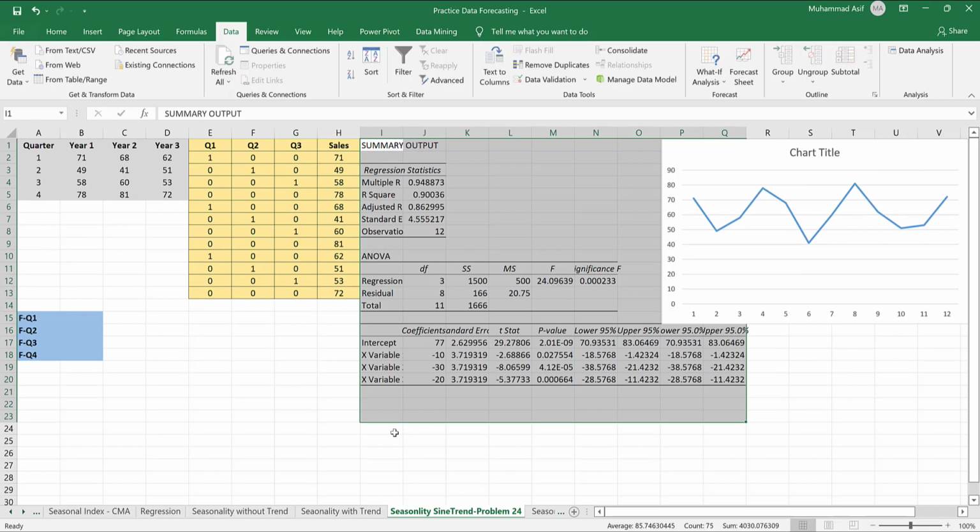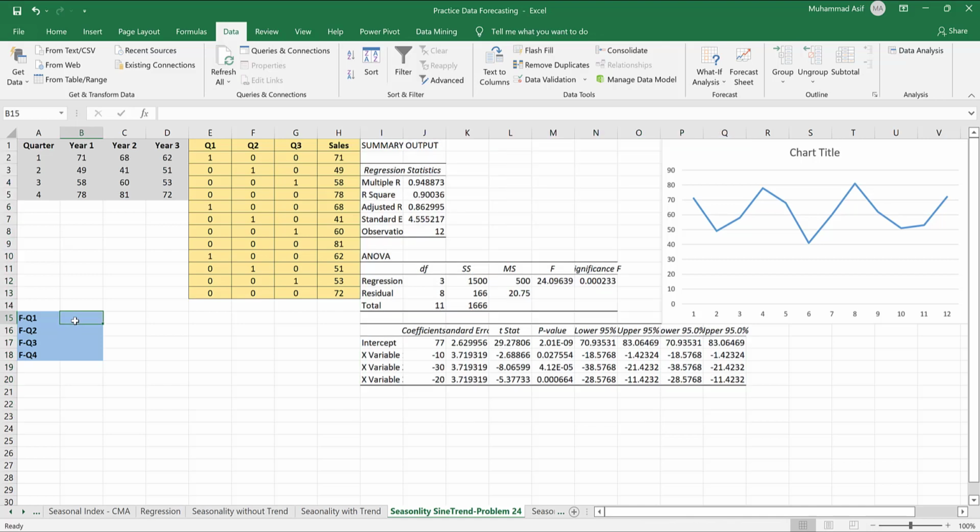Okay, now for this one, the forecast for quarter 1 is equal to intercept plus q1, and that will be multiplied by 1 and all others will be 0.